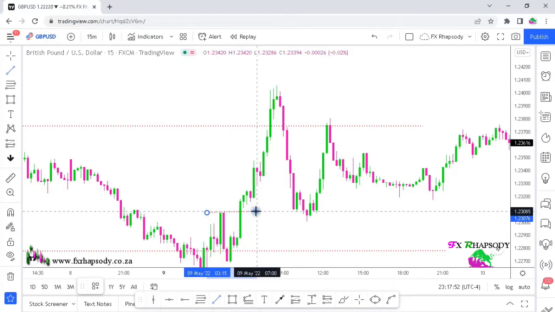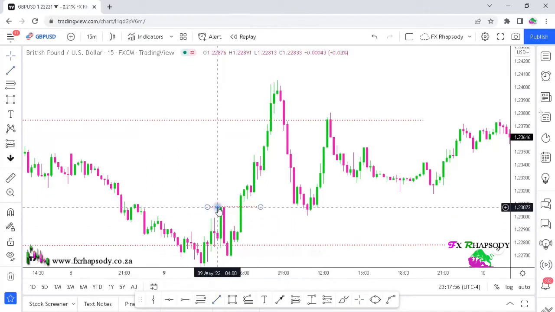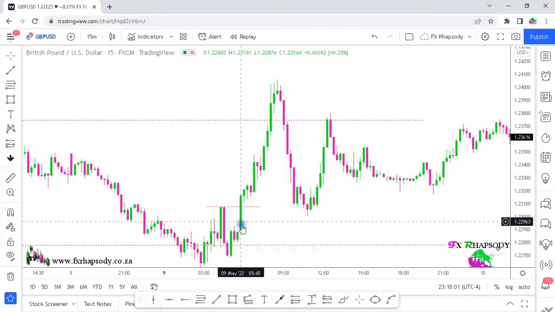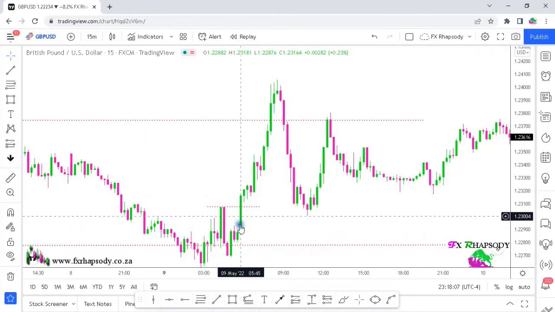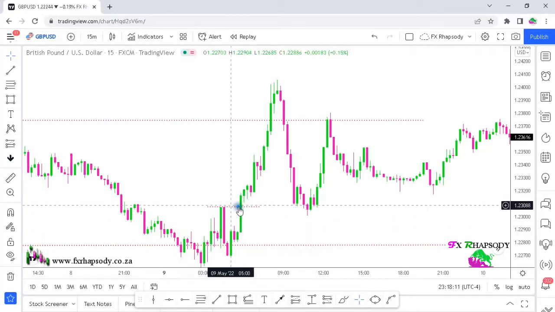Right there. At that point, price comes down again and then starts pushing up. And now this bullish candle, this big push, is where smart money comes into play. It pushes straight through, breaking that structure, like we said.